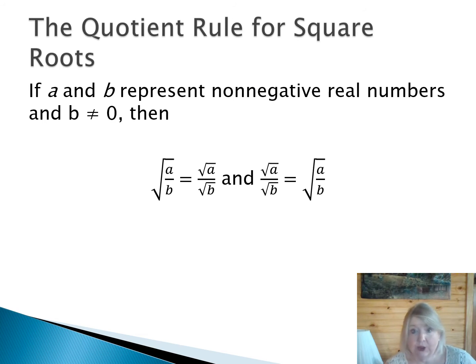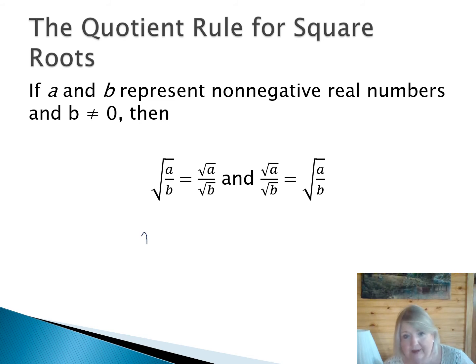Okay, so let's look at the quotient rule. If A and B represent, again, non-negative real numbers, and B is not equal to 0, then the square root of the quotient equals the square root of the numerator over the square root of the denominator. And like everything else, it's reversible.